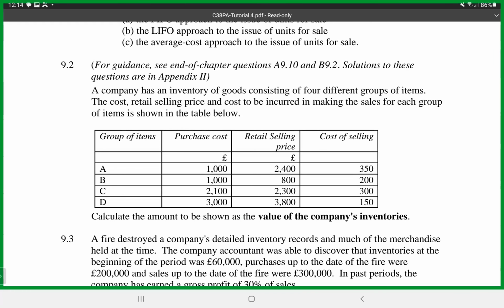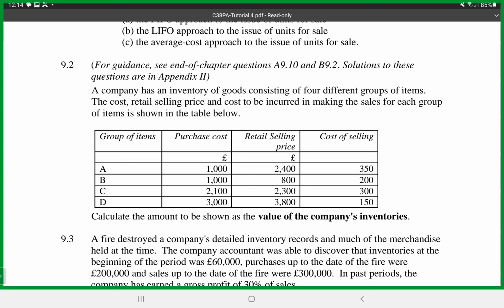Okay. Then for item B, what you can do to find the value of item B, because these are intermediate items, they're in between the different items, is you can less the retail selling price minus the cost of selling.